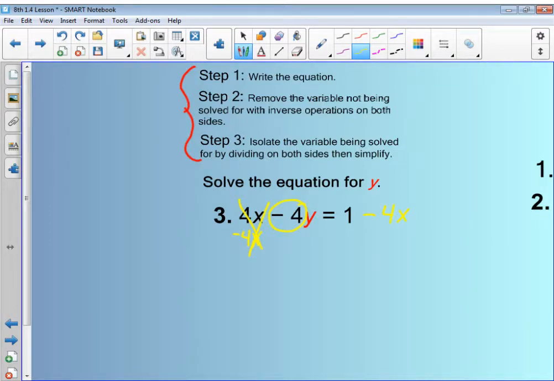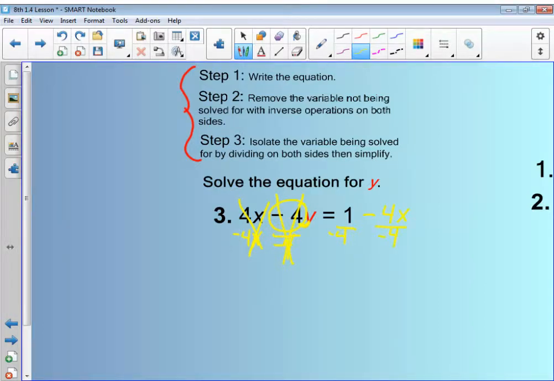We're going to have to divide because it's directly linked here. If it's division, I take the negative with it. It's not the opposite, but I take the negative with that 4. So divide by negative 4. This side I'm going to divide by negative 4, divide by negative 4.